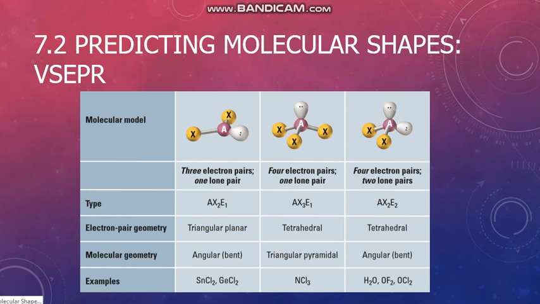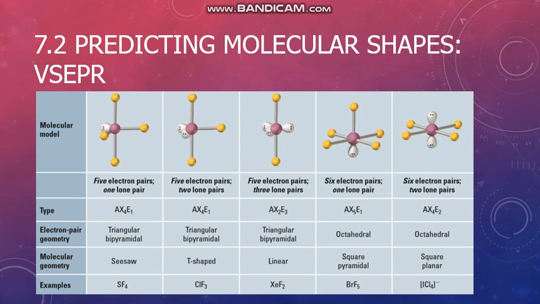So next we have other shapes. These 3 are derived from the triangular bipyramidal shape. We have AX5E0, and then here we replace one terminal atom with one lone pair.